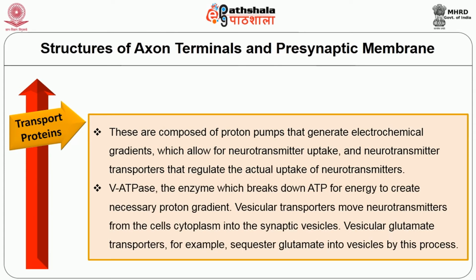V-ATPase is the enzyme which breaks down ATP for energy to create the necessary proton gradient. Vesicular transporters move neurotransmitters from the cell's cytoplasm into the synaptic vesicles. Vesicular glutamate transporters, for example, sequester glutamate into vesicles by this process.